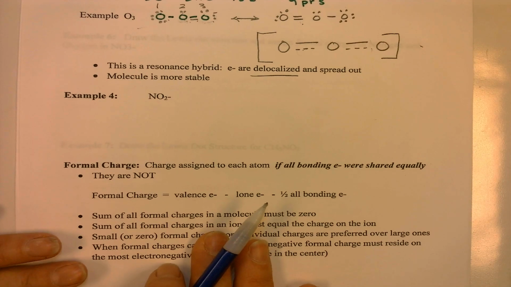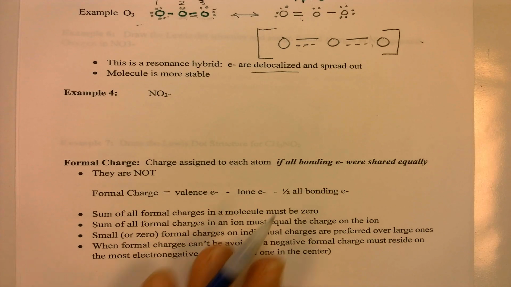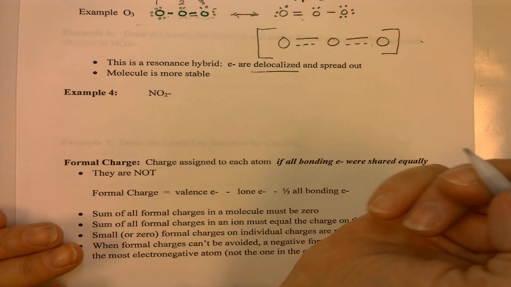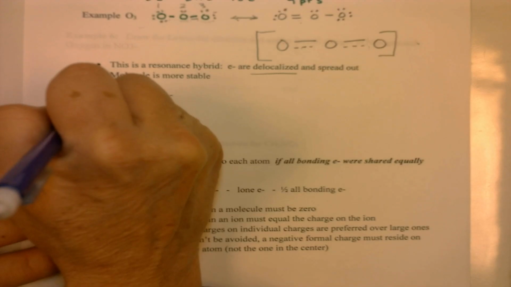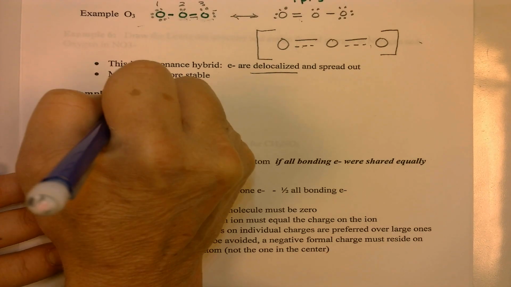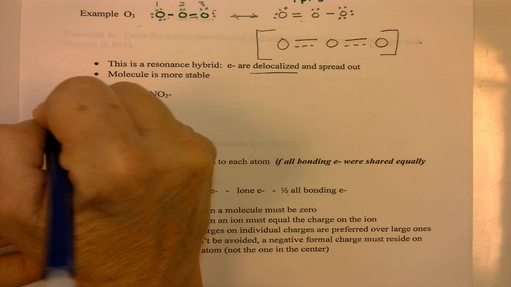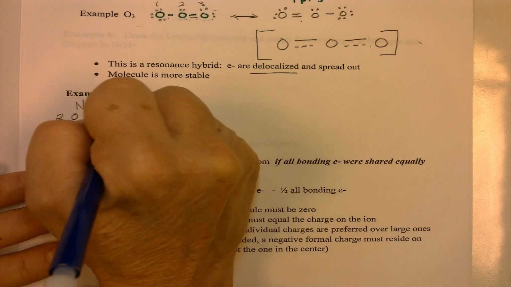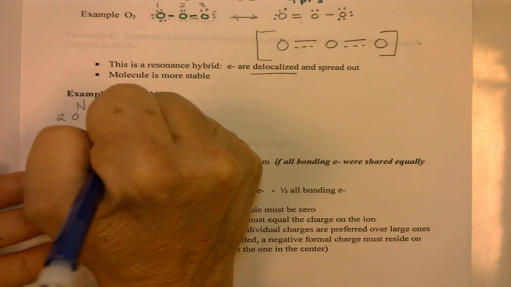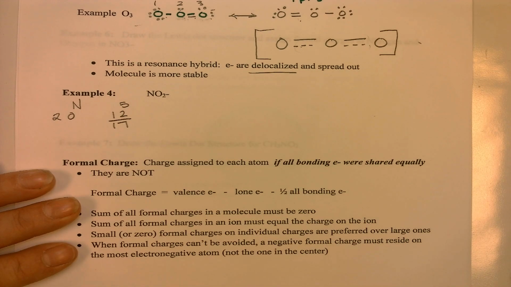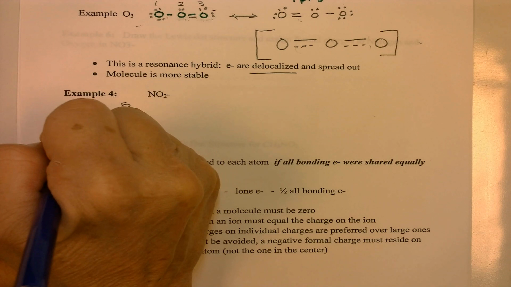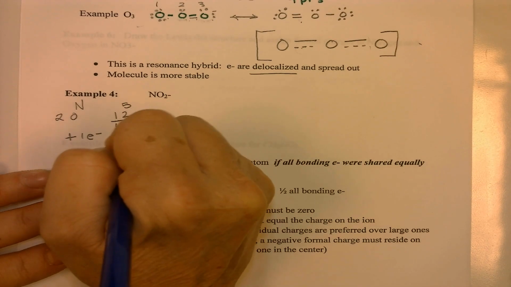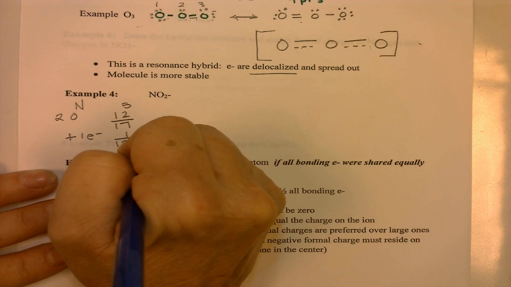So let's look at nitrite. I have nitrogen, which is 5. 2 oxygens, which is 2 times 6, which is 12. That gives me a total of 17. I'm going to add 1 electron, which gives me a total of 18, which is 9 pairs.